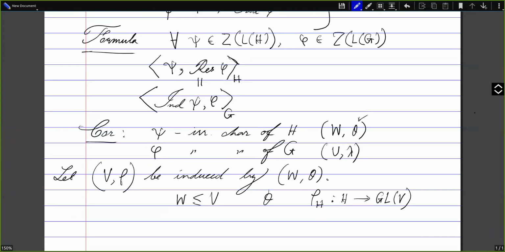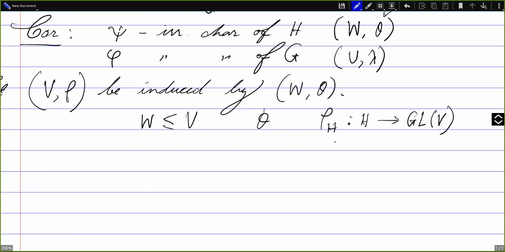So it is customary to denote rho H by simply rho, restriction of rho to H. And again, as I said, we will simplify it when there is no danger of confusion.